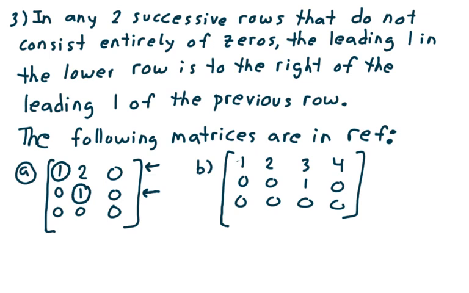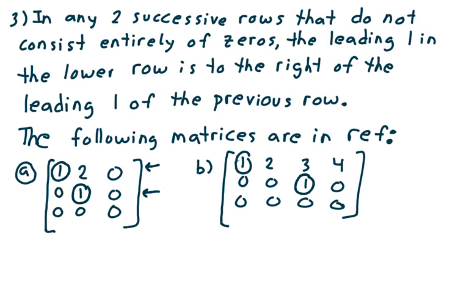And if you notice, the leading one in the second row, the first non-zero entry, is to the right of the leading one in the first row. So all the conditions have been met, and therefore this matrix is in row echelon form.